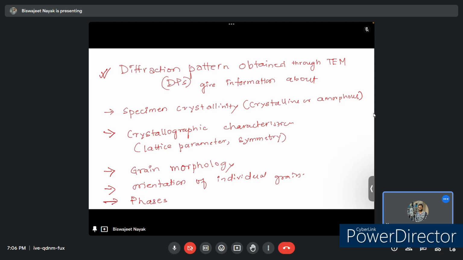As we have seen XRD, there are certain similarities between XRD and diffraction patterns in TEM. With similarities, there are also some differences. Because of the differences between electrons and X-rays, we see differences in TEM and XRD, right?